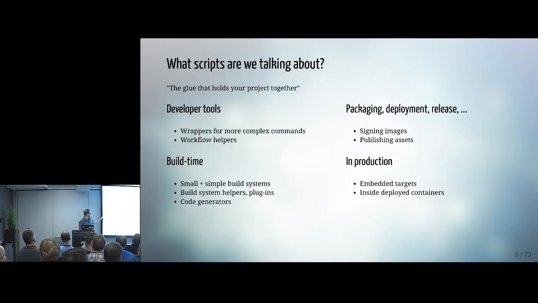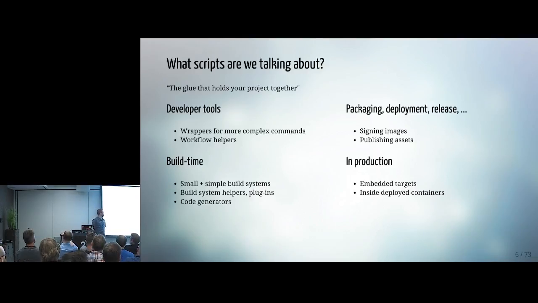Shell scripts are often used at build time as well. If you have a very simple project, maybe your whole build system is a shell script, but generally you have a more complex build system, and if you say auto-generate code or you need some kind of helper for some part of your build system, that might be implemented in the shell script.